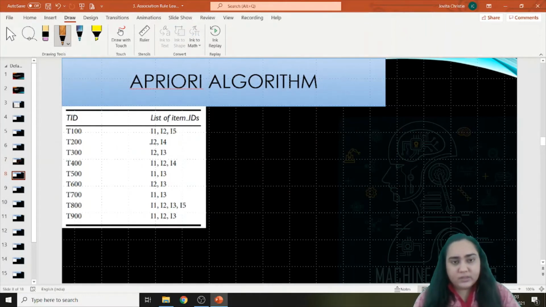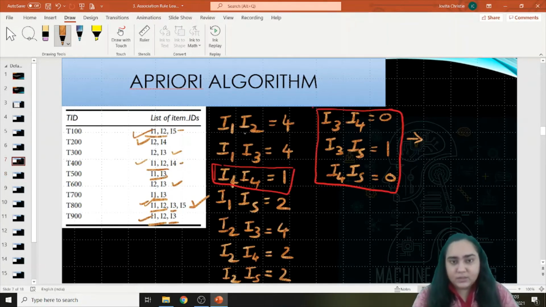So in the next step, we are going to combine and make 3 items at a time. You might ask, how do we do that? So first of all, you will pick the items you already have. So for example, I have I1 and I2 together. Now I have to find where in the rest of the items, other than the ones marked red, do I have I1 or I2 coming?